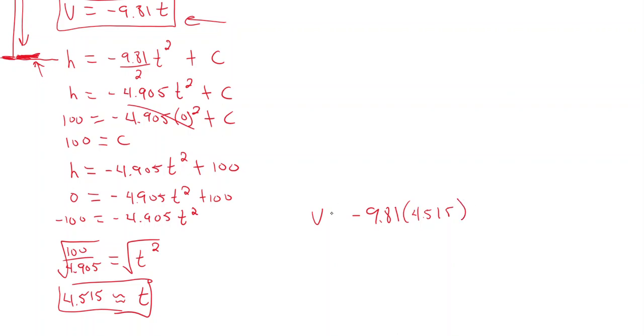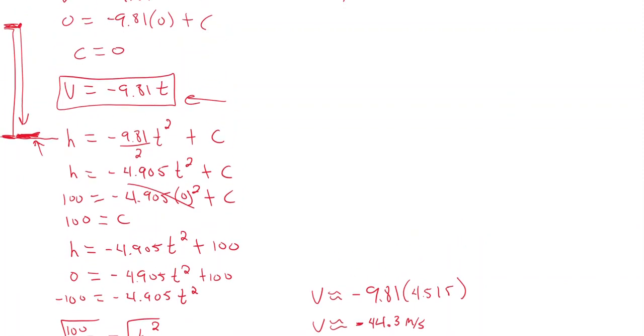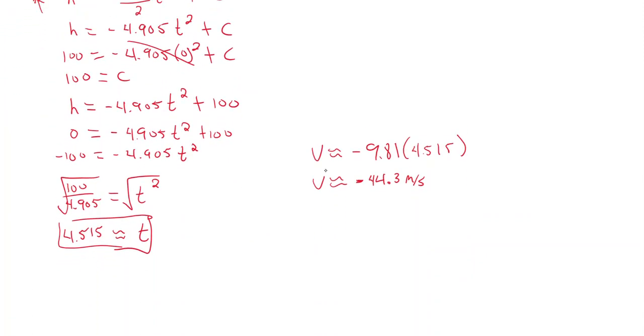And again, that should be approximately equal to, because we had to round at that point. So v is approximately equal to negative 44.3 meters per second. Now, the negative makes sense here too, because our velocity is going to be going down. If we didn't get a negative, you'd want to take a look at that.